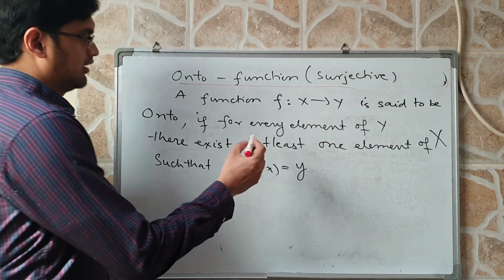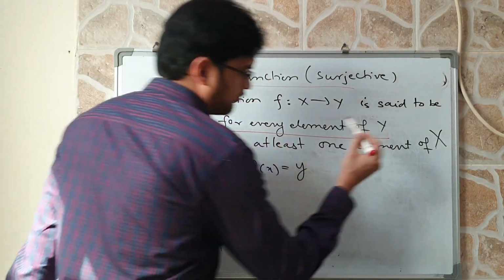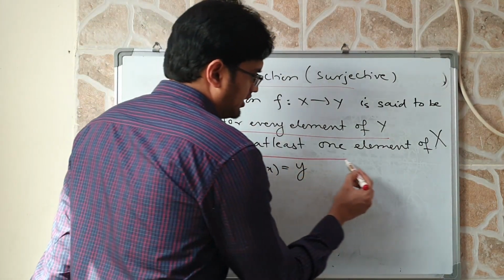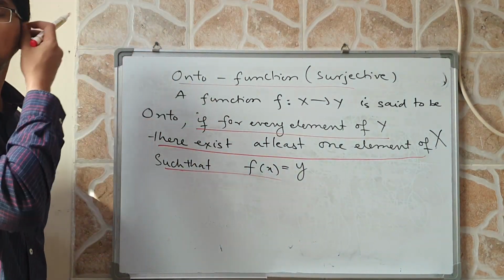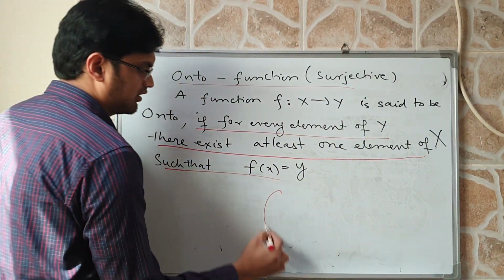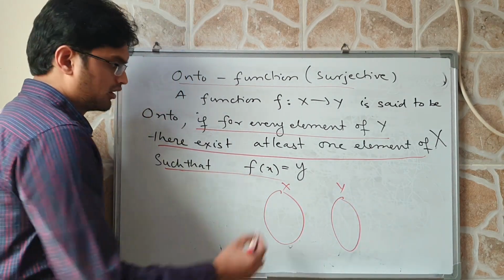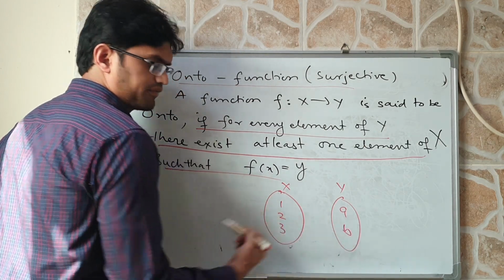See, what we are saying, the condition, every element of Y, there should be at least one element of X that should map to the element. For example, you have X and Y. I'll take 1, 2, 3 here, I'll take A, B here.